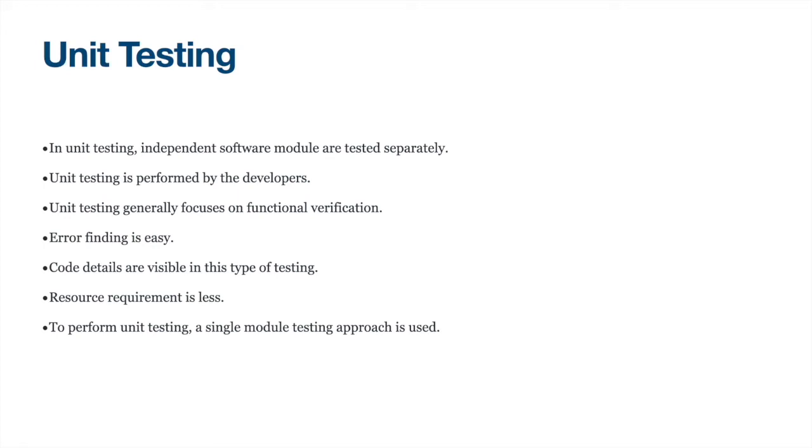We cannot say, if it is not unit tested, then we are not testing it. No, you are parallelly testing your own features, you are performing your own system testing. But the developer has to perform unit testing. They need to provide unit test coverage reports. They need to perform unit testing, otherwise most of the companies have a certain criteria.